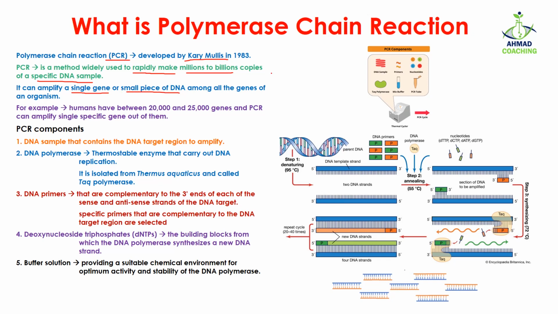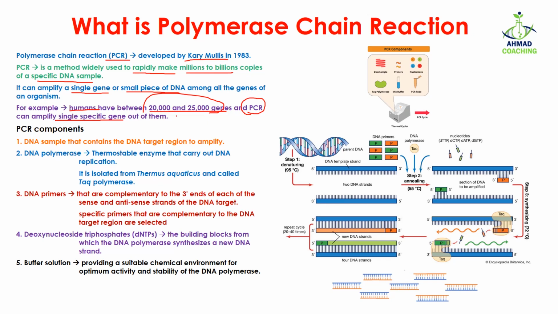For example, humans have 20,000 to 25,000 genes. If you perform a PCR for a particular gene, you can amplify a single gene out of these 20 to 25,000 genes.